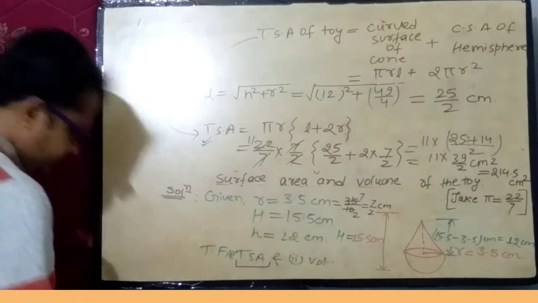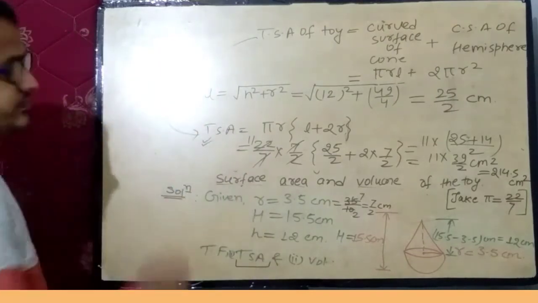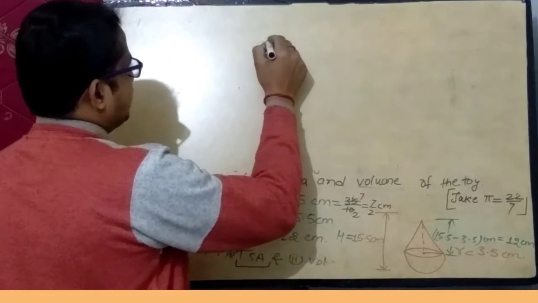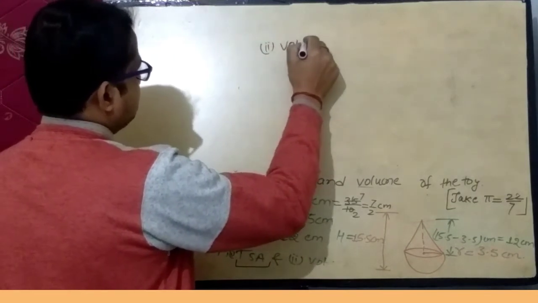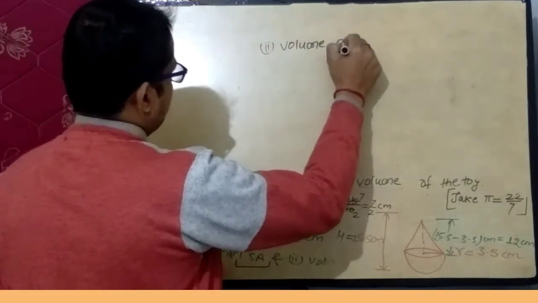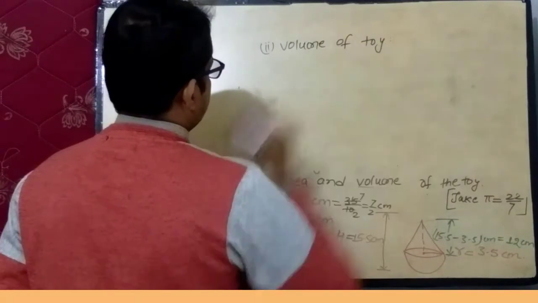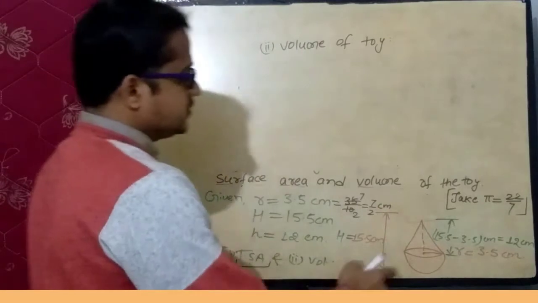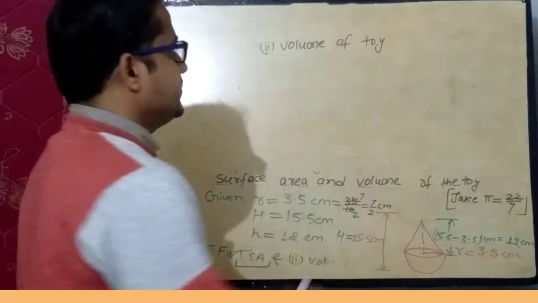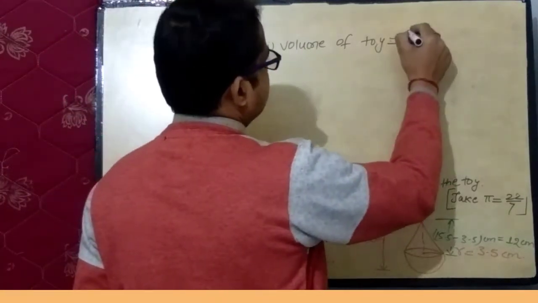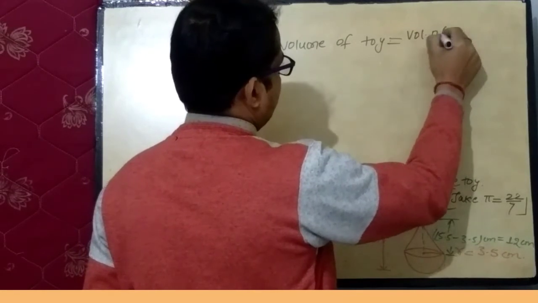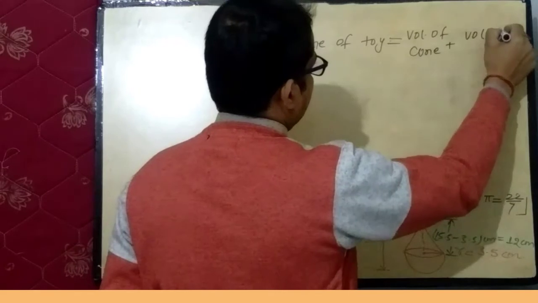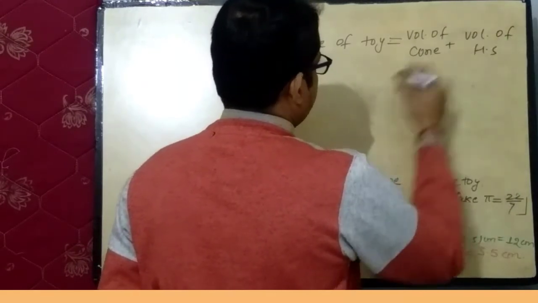Second portion is the volume of the toy. So the volume of this toy equals the volume of this cone add up the volume of this hemisphere.